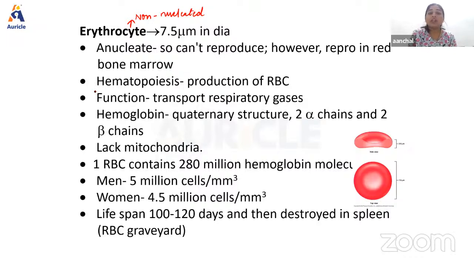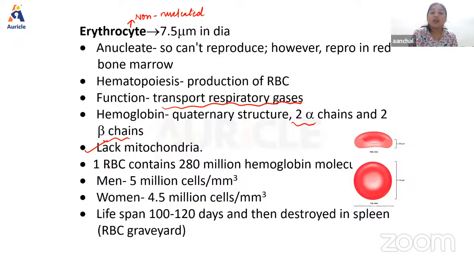Now, what is erythropoiesis? It means the production of RBC. The function of the erythrocytes is to transport respiratory gases. Then, talking about the structure of hemoglobin, as we know, it contains 2 alpha and 2 beta chains, and erythrocytes always lack mitochondria.